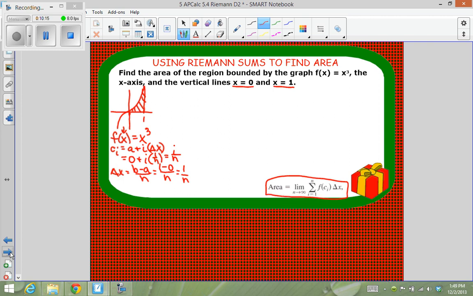So I'm going to rewrite this as the limit as n goes to infinity of the sum from i equals 1 to n of f at c sub i, which we found to be i over n, times delta x. Got to have a delta x out here, so times 1 over n.